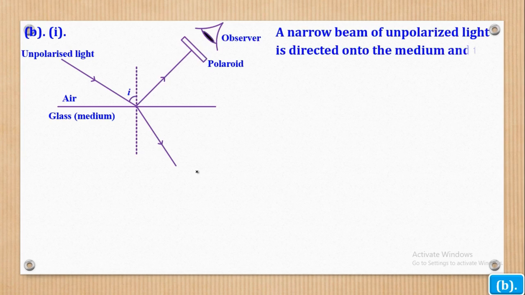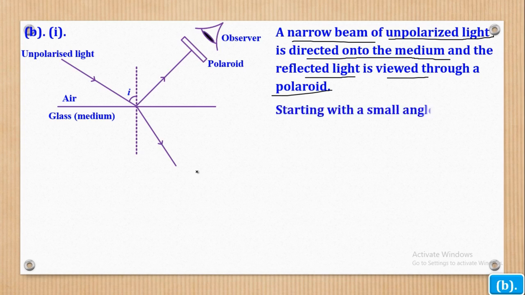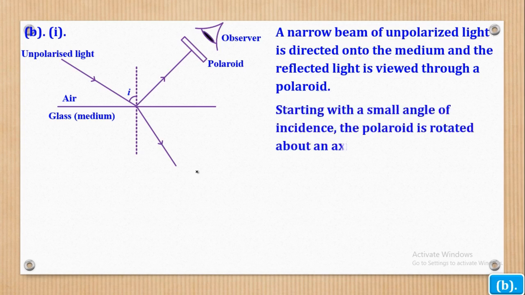So that diagram shall come and say that a narrow beam of unpolarized light is directed onto the medium, and the reflected light is viewed through the Polaroid. Starting with a small angle of incidence, the Polaroid is rotated about an axis through its plane.